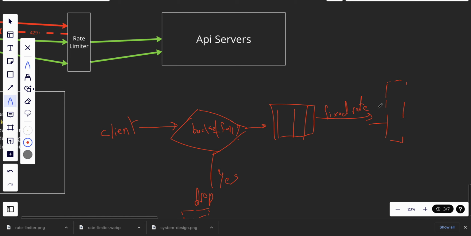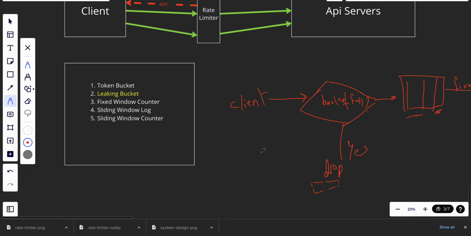If one of the requests takes too much time, the other requests will time out and be dropped. And in the next video we'll talk about the fixed window counter.